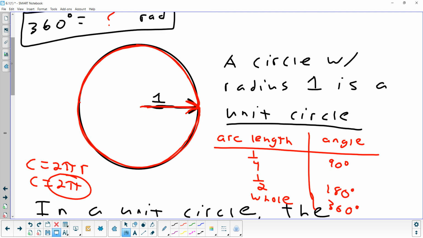So how many radians would it take to go all the way around the circle? 6.28-ish. Yeah, which would be what if you just left it exact? 2 pi. 2 pi.